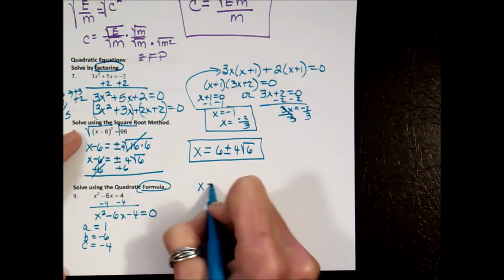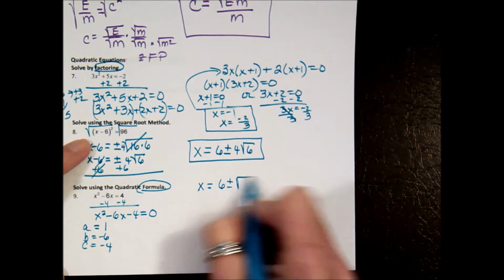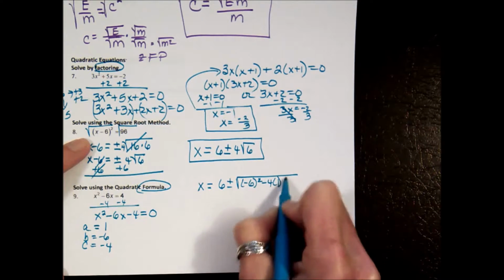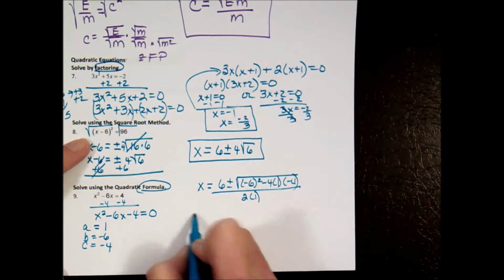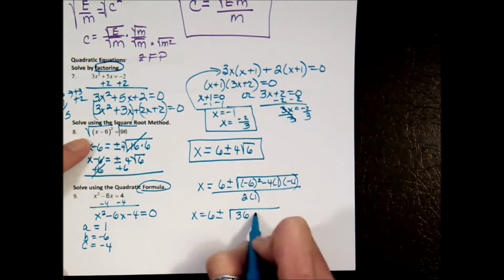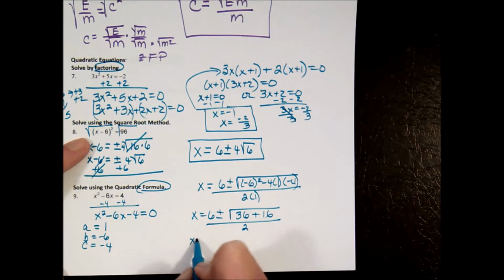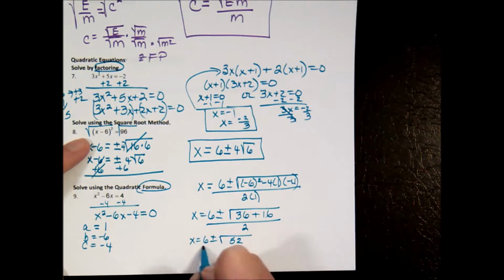The quadratic formula is the opposite of b plus or minus the square root of b squared minus 4ac all over 2a. Or x equals 6 plus or minus the square root of 36 plus 16 all over 2. X equals 6 plus or minus the square root of 52 all over 2.